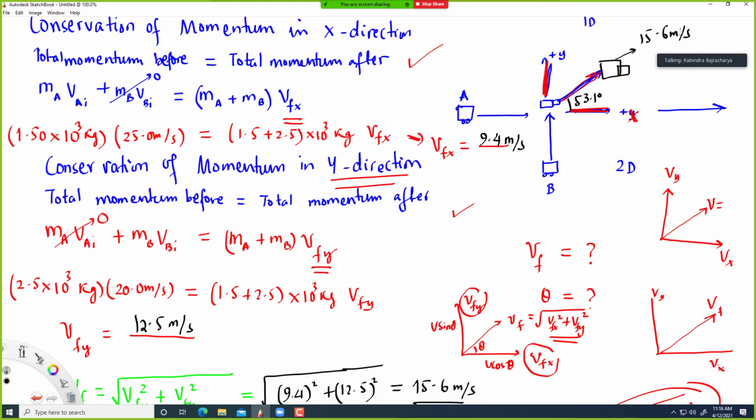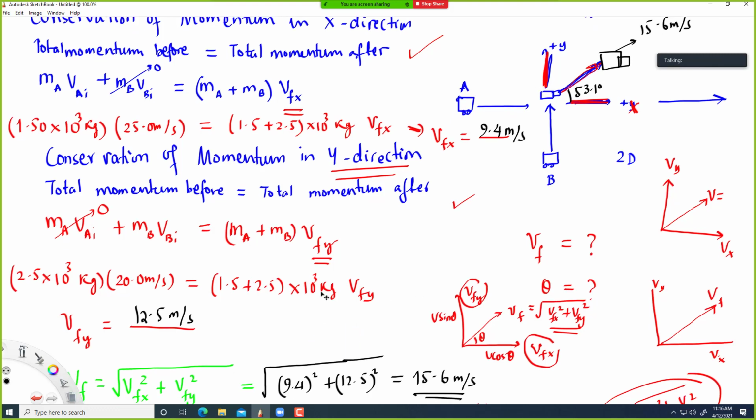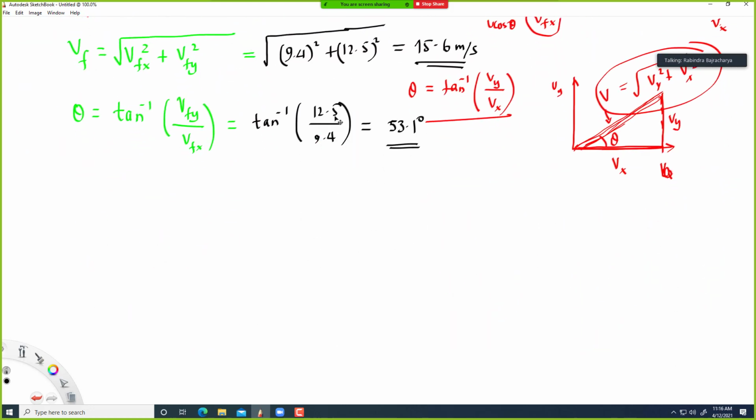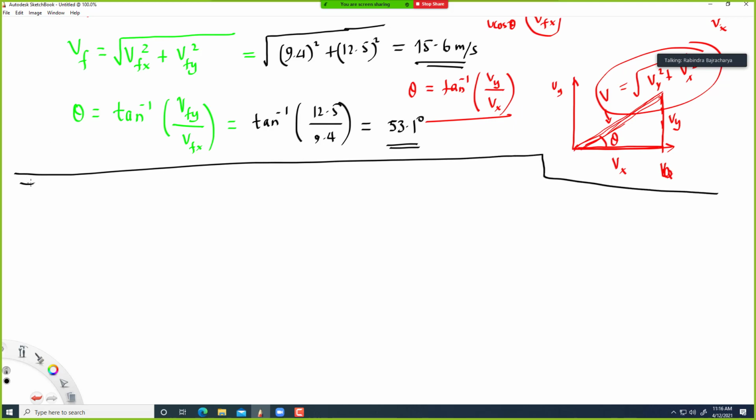Now we'll start new chapter, chapter 9. So there are three general types of motions. Okay, the first motion is called translational motion.